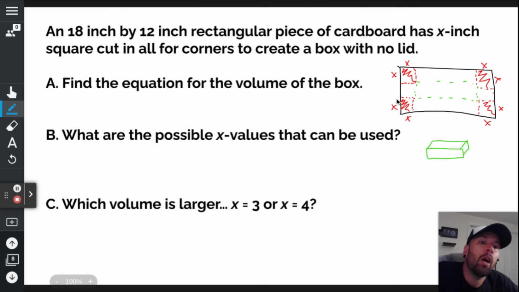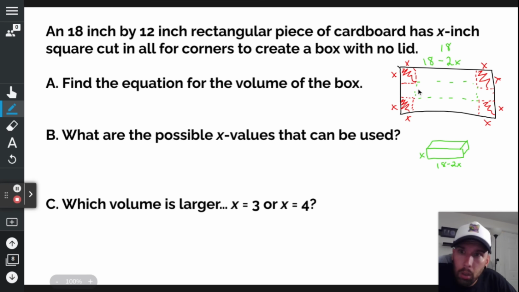Since I cut out X corners, the height is X. If this whole length was 18 and I cut out an X on each end, the length of what's left over is 18 minus 2X.